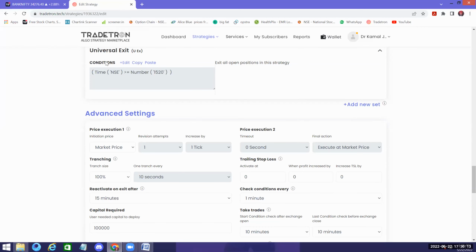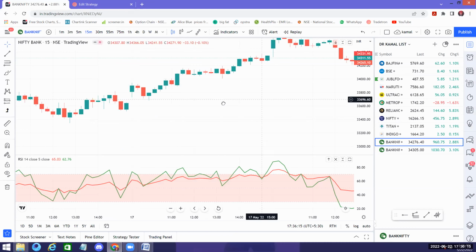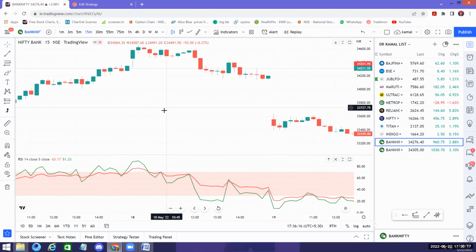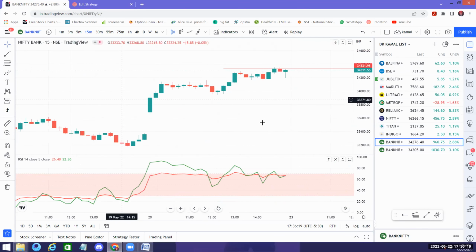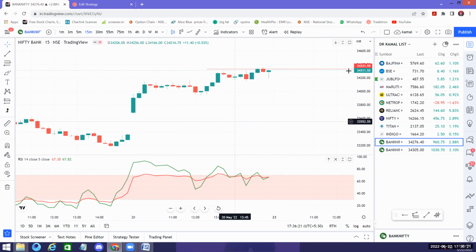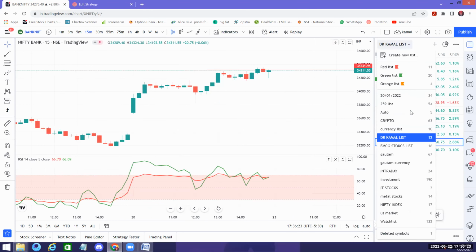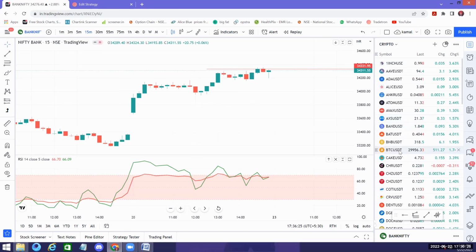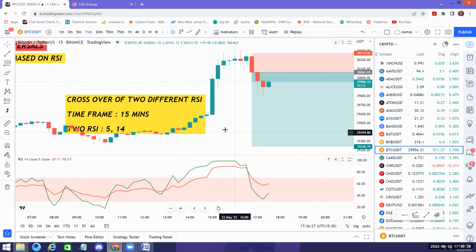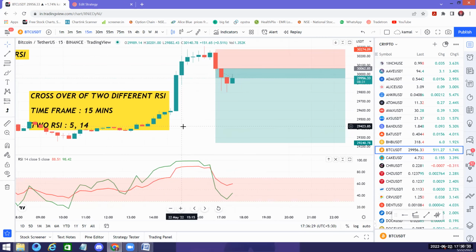So in half an hour's time, we have created a strategy and made it on TradeTron also. In the meantime, we go back and check what happened to our BTC trade. Still, we are in a sell trade. We are sitting in it. I don't know where it's going to go. It may come up, it may come down.